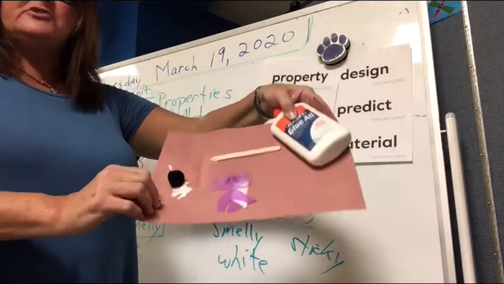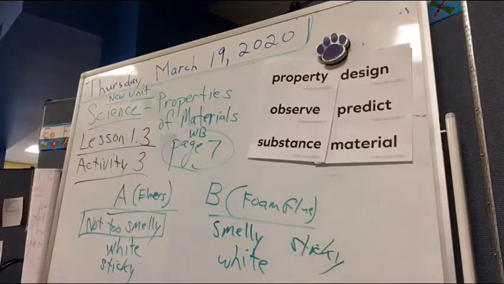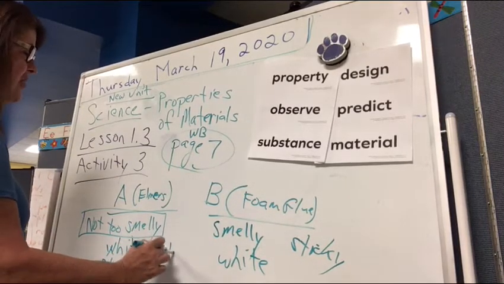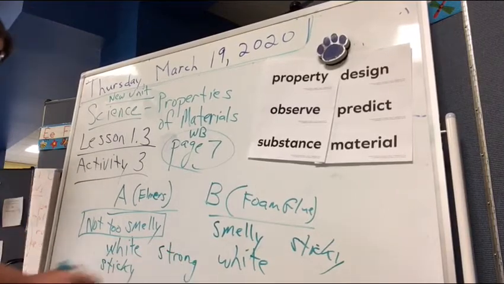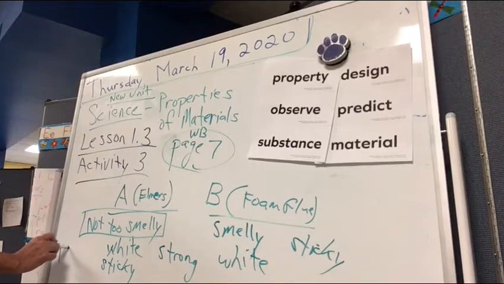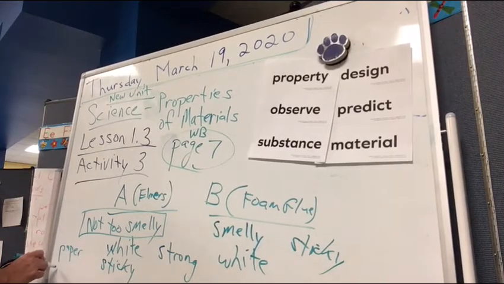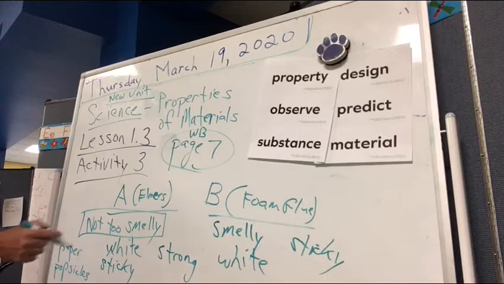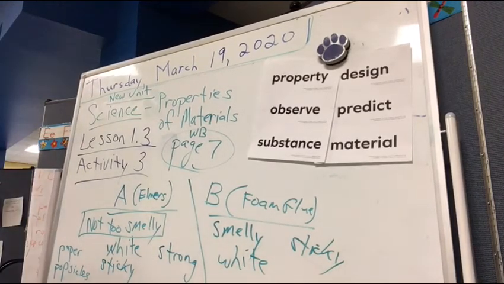So we're going to write that glue A is very strong and it holds up what we want it to hold. It sticks paper together, it sticks popsicles together, or popsicles to the paper, feathers, pom-poms. Okay, you get the idea.